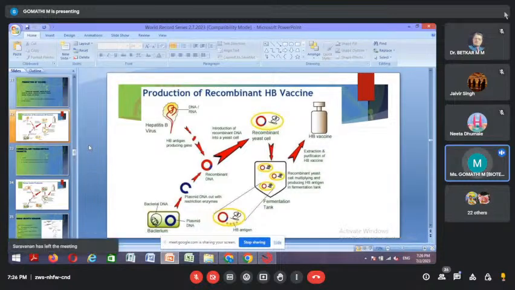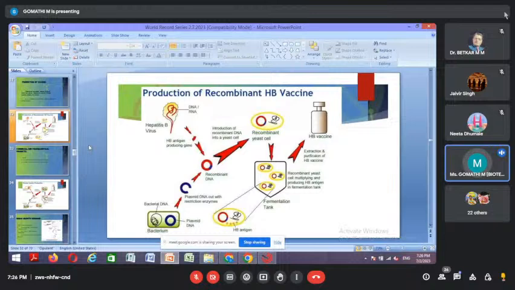So this is how a recombinant vaccine is produced. From a target organism, the DNA or RNA that is antigenic representative of a disease is isolated. The gene for that antigen is cloned in a plasmid DNA.